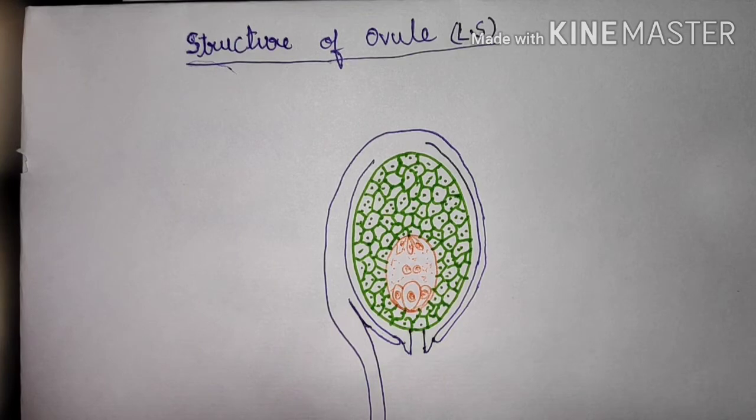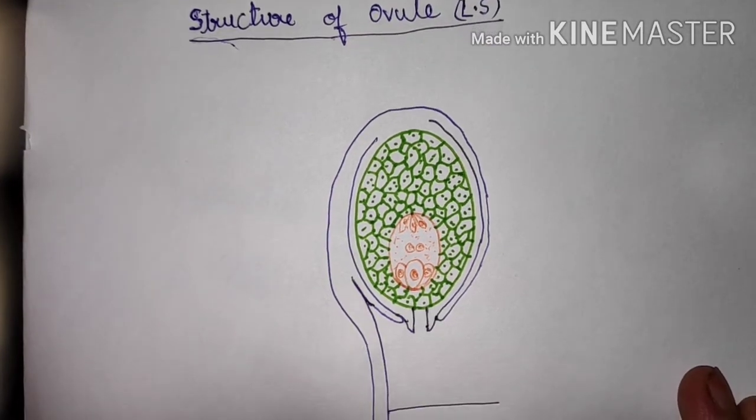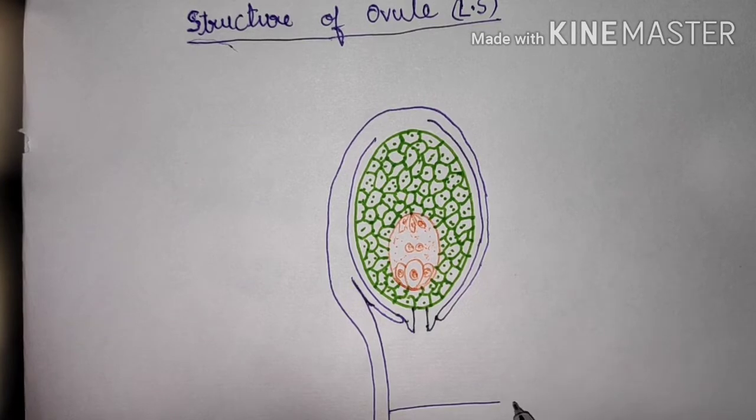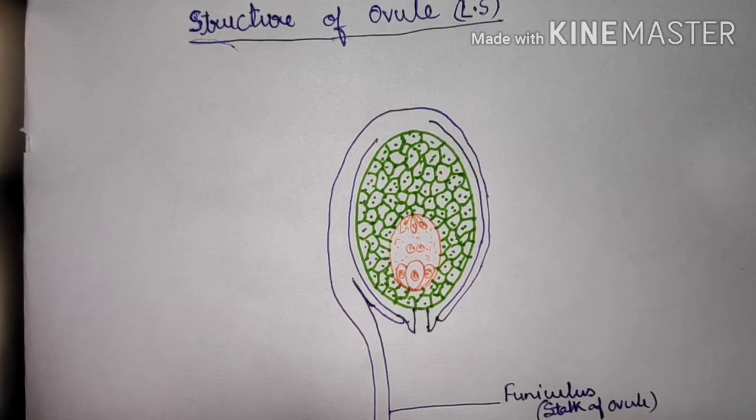Now this is complete. Only thing left is your labeling. कोशिश कीजिए कि labeling should be on one side. Then I can tell you this is the funiculus. This is also referred as the stalk of ovule. ठीक है, stalk of ovule is funiculus.